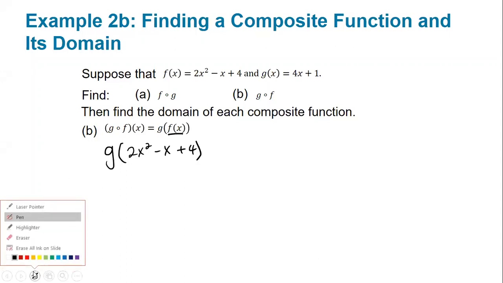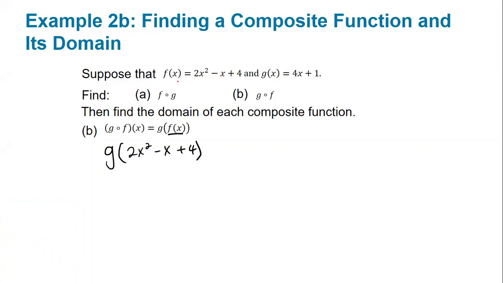Here we go. So we have g composed of 2x squared minus x plus 4. That means we're taking our entire f of x and plugging it in for x in g of x. So that gives me 4, parentheses 2x squared minus x plus 4, plus 1. After I substitute in, I FOIL, distribute, combine like terms.